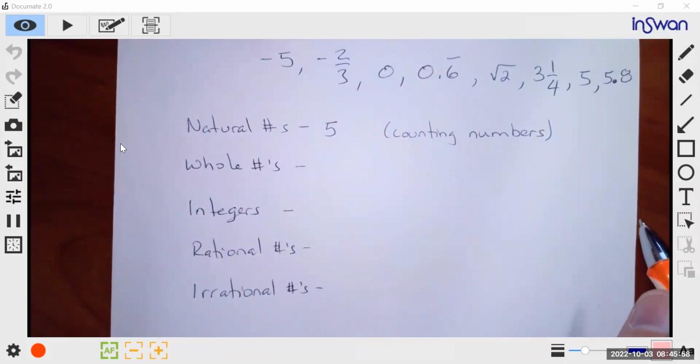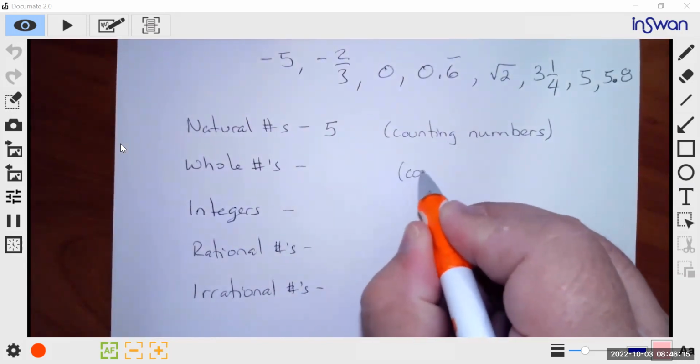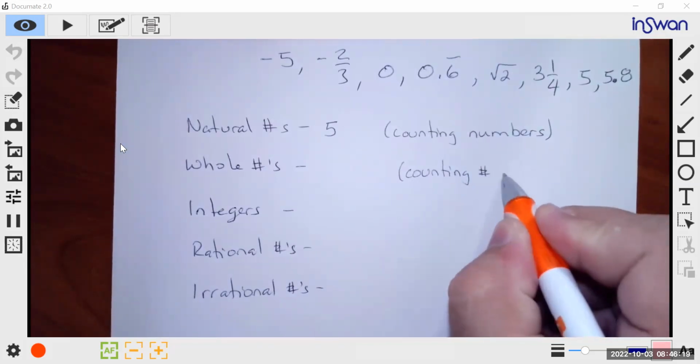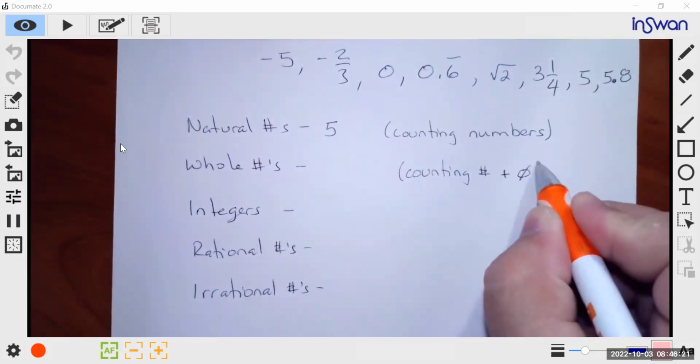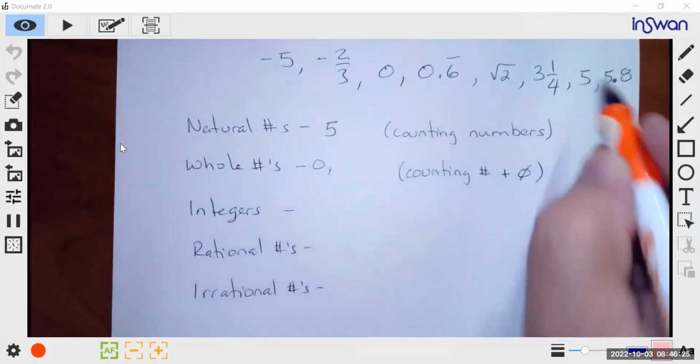Which ones are whole numbers? Whole numbers are counting numbers plus the 0. So there's 0 and 5.